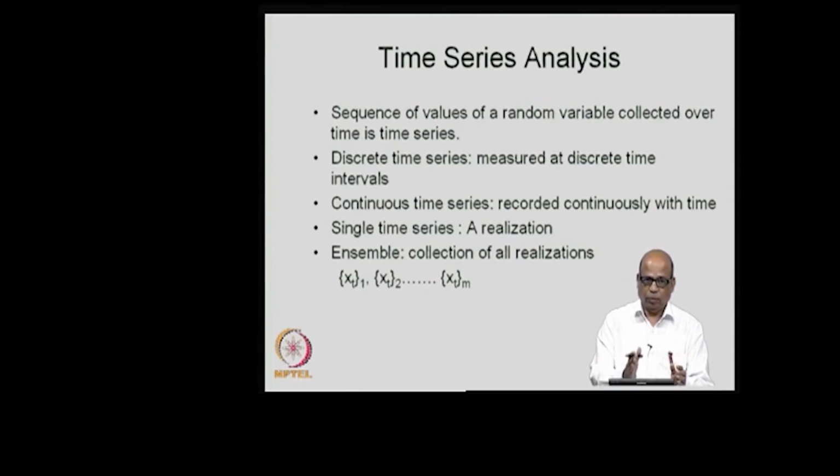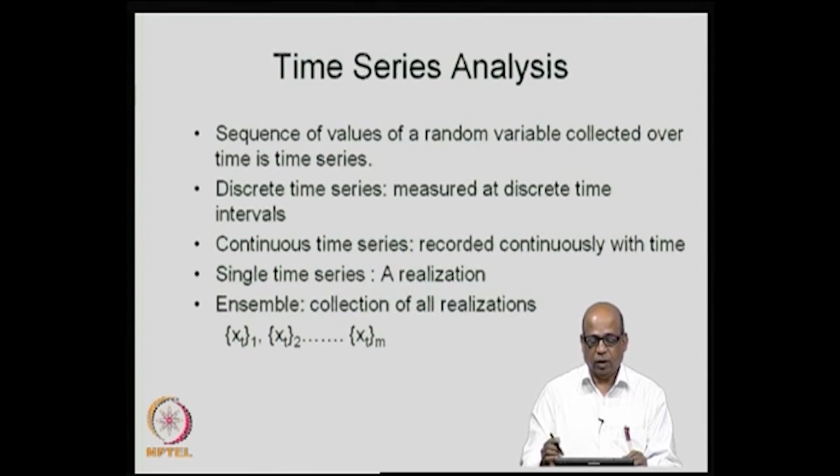The same random variable observed in different windows of time gives you a different time series, and therefore different realizations. The collection of all such realizations is called an ensemble. So, an ensemble of time series consists of a collection of all realizations. For example, x t 1 is one time series or one realization, x t 2 is another realization, and so on. Like this, you may have m such realizations, and the collection of all of them is called an ensemble.